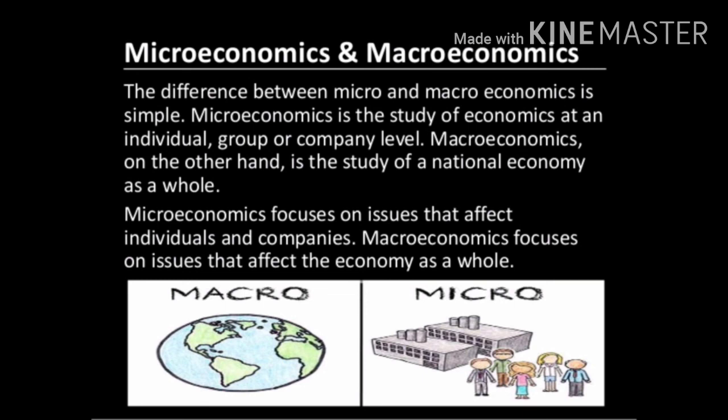If we study the income of one person, one individual's income, then it is called microeconomics. On the other hand, if we study the income of the whole economy, that is national income, that is the concept of macroeconomics. Microeconomics focuses on issues that affect individuals and companies. Macroeconomics focuses on issues that affect the economy as a whole.